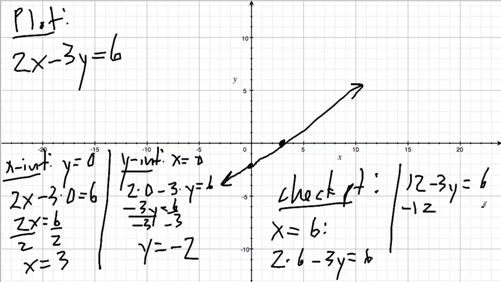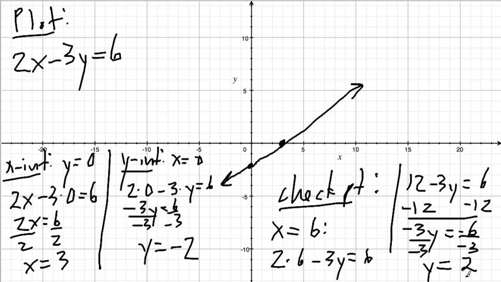I subtract 12 from both sides, which gives me that negative 3y is equal to negative 6. Dividing both sides by negative 3, I get that y is equal to negative 6 divided by negative 3. Negative divided by negative is positive. 6 divided by 3 is 2. So I get that y is equal to 2. That tells me that I'm at 6, 2. That's this point right here. That's pretty convincing to me that I drew the right line.